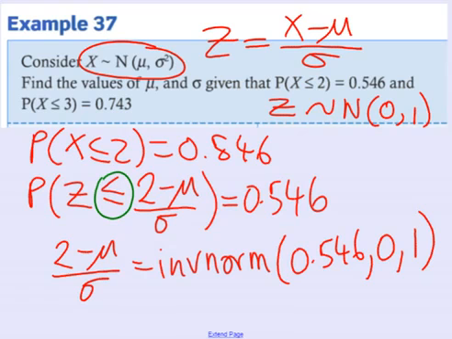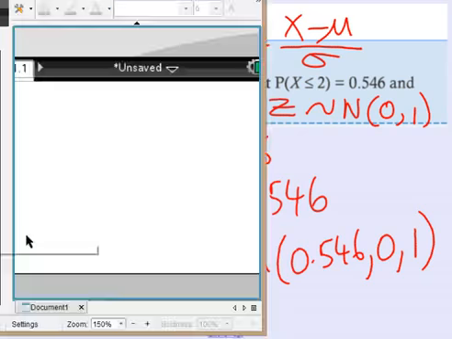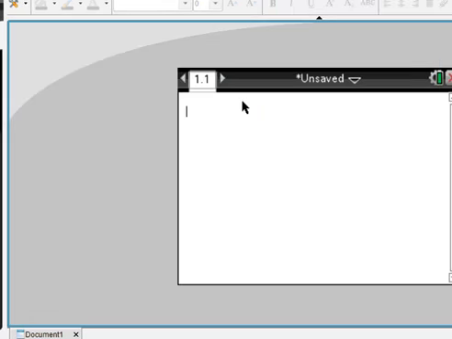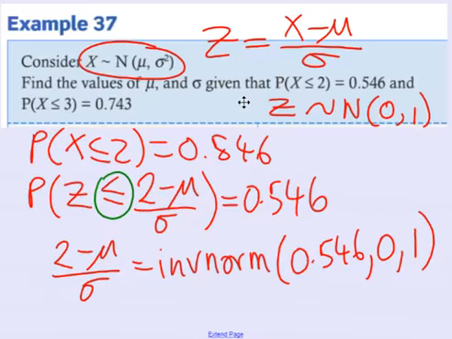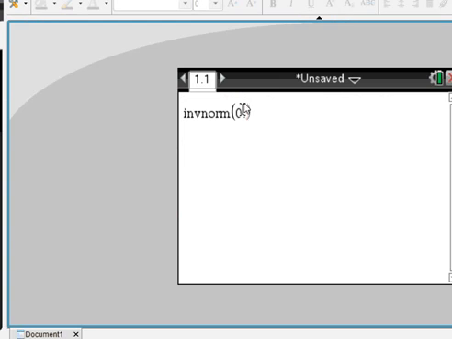Okay, so now we're going to do that on the calculator. Inv norm 0.546. But I'm going to do something clever, Cindy. I'm going to store that in the memory.